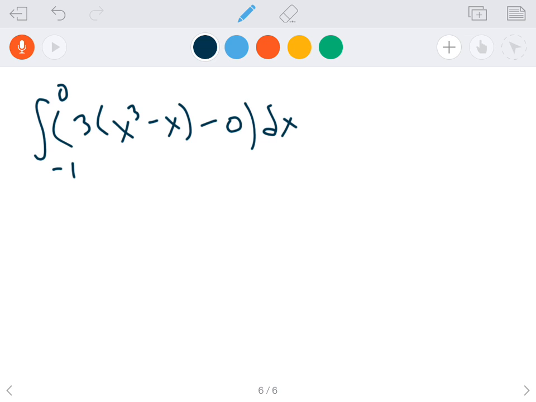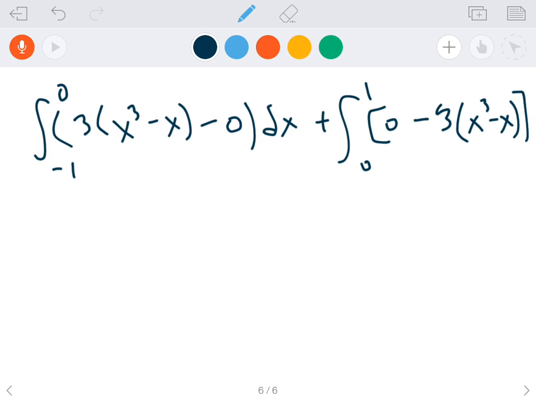For the first section, I'm just going to integrate from -1 to 0, where the 3x cubed minus x was on top, minus 0 for the function on the bottom. And I'm going to add to that the integral from 0 to 1, where I switch those now. 0 is on top, and 3x cubed minus x is on the bottom. It should be a dx, kind of ran out of room there.